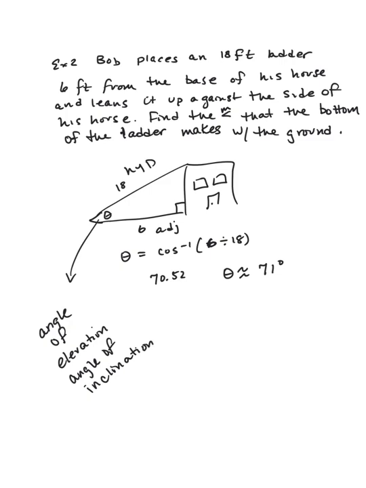Okay, and if you ever hear angle of depression, if they're talking about a plane, this would be the angle of depression, just an FYI, which is the same as the angle of elevation, because these lines will always be parallel. Okay, so the angle of elevation, angle of inclination, angle of depression, all go on the bottom of the triangle. So just keep that in mind.